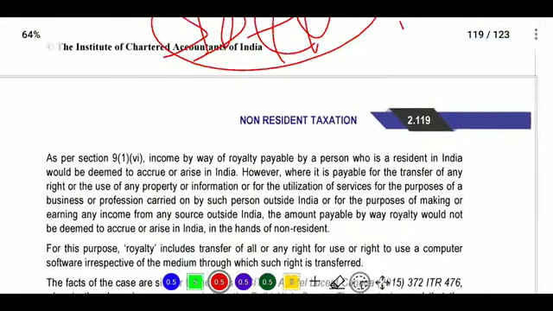So we will see the royalty condition. Royalty paid by a person who is a resident in India would be deemed to accrue or arise in India.